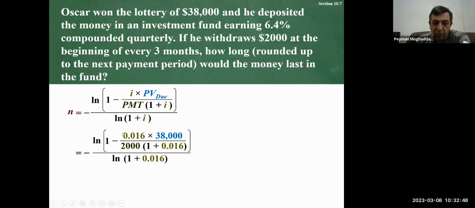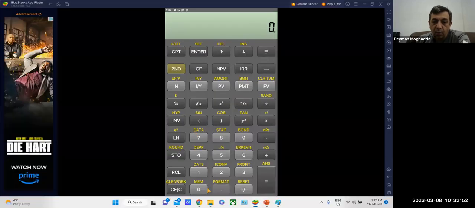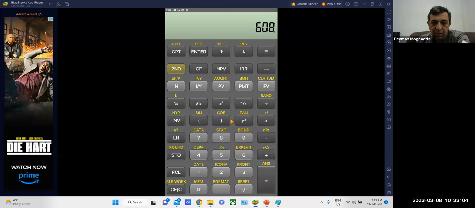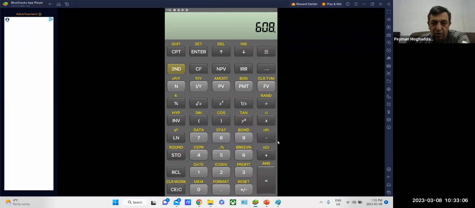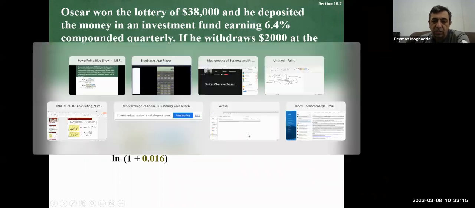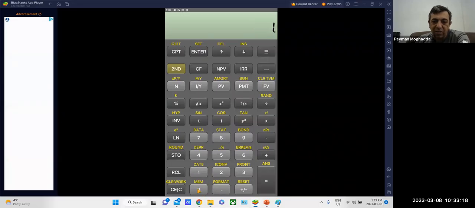Okay, so let's do this from the top. 0.016 multiplied by $38,000 is going to be 608. Okay, so that's going to be the numerator. I'm going to store it at number 1. And now I have this denominator, 2,000 times 1 plus 0.016, so it's going to be 1.016, right?